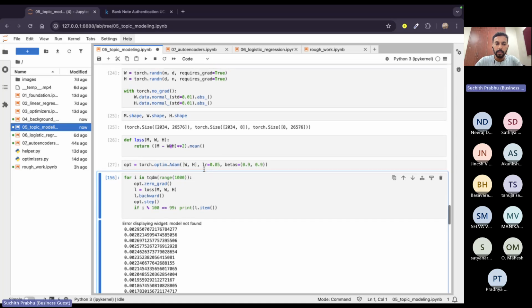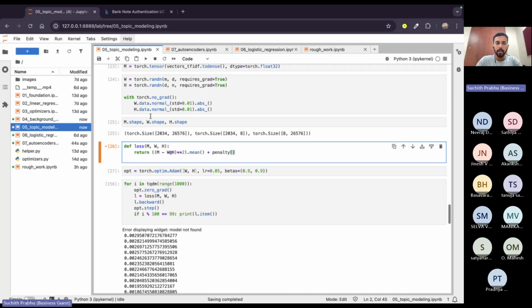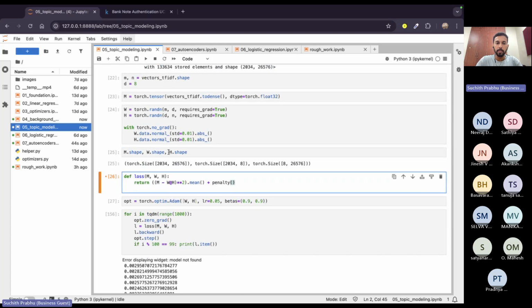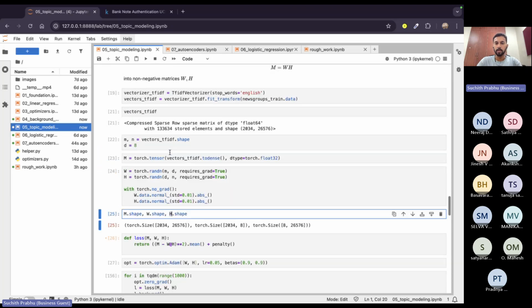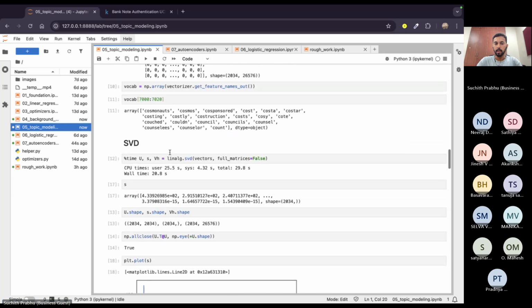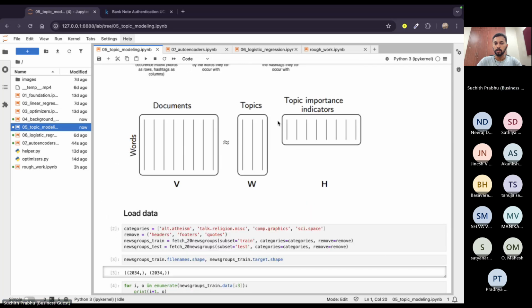Fine. So in addition to this, I'll add one more term, a penalty. I want this H to be positive because I'm looking at the contribution of a particular word based on H. H is this matrix that we have.